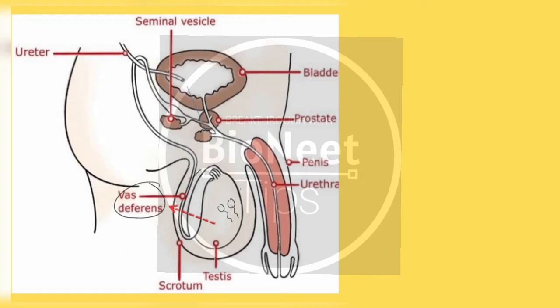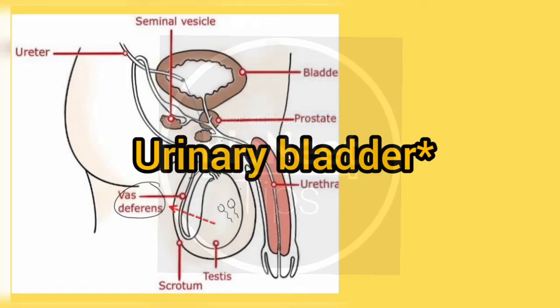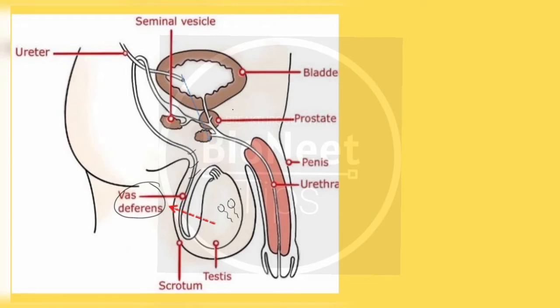As you can see this tube here, the sperms move towards one more tube that is connecting here, which is coming out of the bladder, that is the ureter. So in males you can see that the passage of the ureter and the vas deferens leads into a common opening, the urethra.